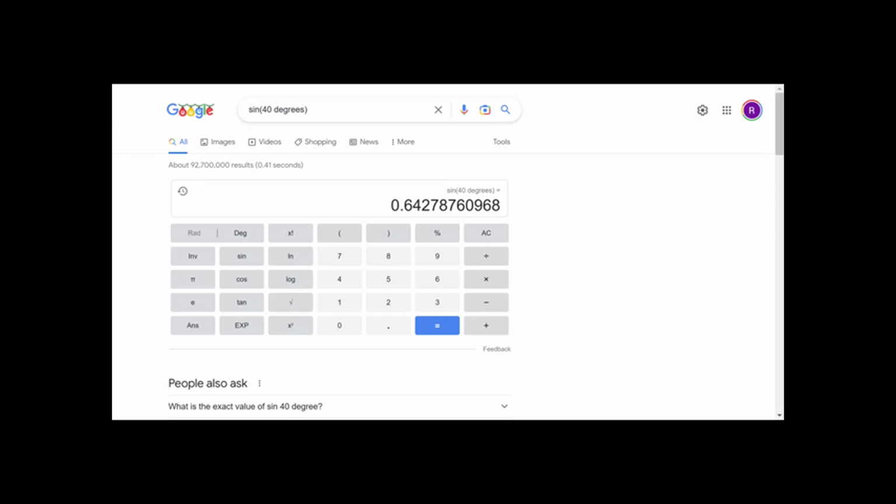Let's say you're building a road and the road has some slant, or you're building a bridge, you're building some cables, rope for the bridge. Then the rope is at an angle, and you have to tell how much rope is required for a given height, or if I know the rope length, then what is the height. So for all these things, you need to calculate.